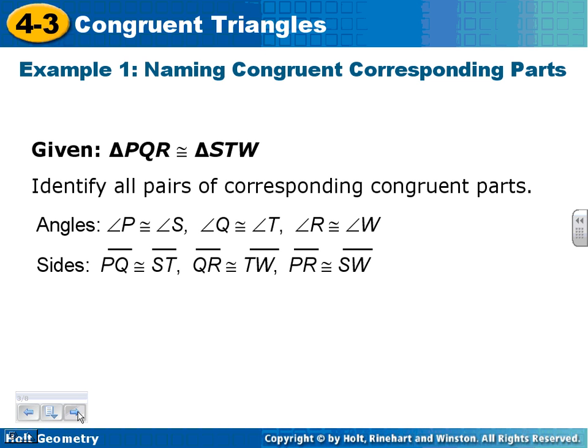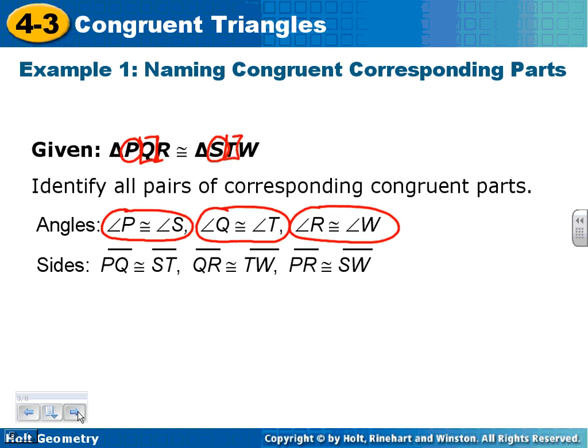Angle P would be congruent to angle S. I don't have room to write all this, but right here, angle P and angle S. That's the first letter there and the first letter there. Angle Q and angle T, the middle letter, middle letter. Angle R, angle W, third letter, third letter.